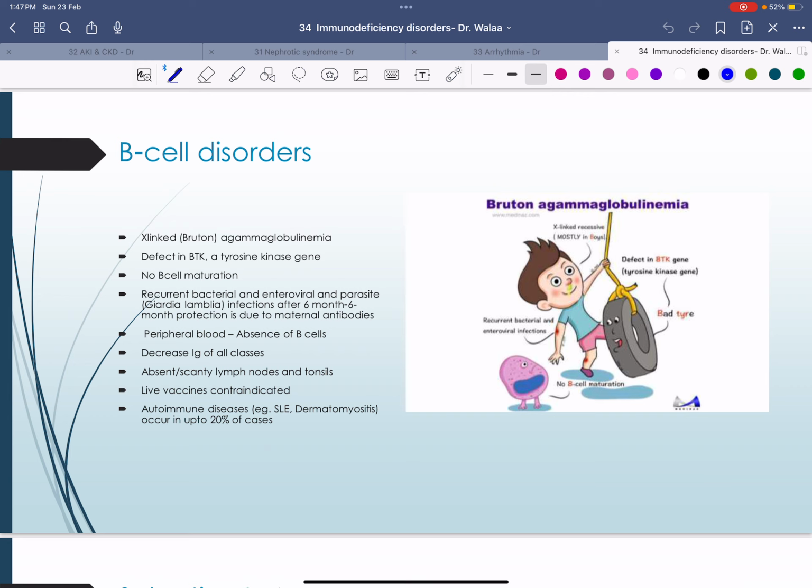And specifically, they are unable to produce secretory immunoglobulins. We said they are important in the respiratory and GI tracts. This will lead to increased susceptibility to GI infections, so they develop chronic Giardia infection, okay?